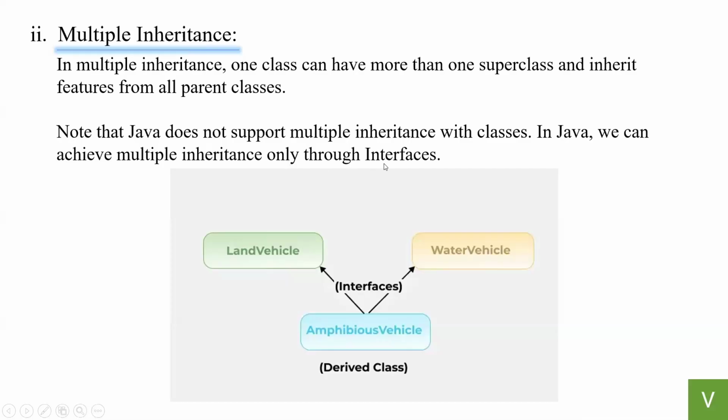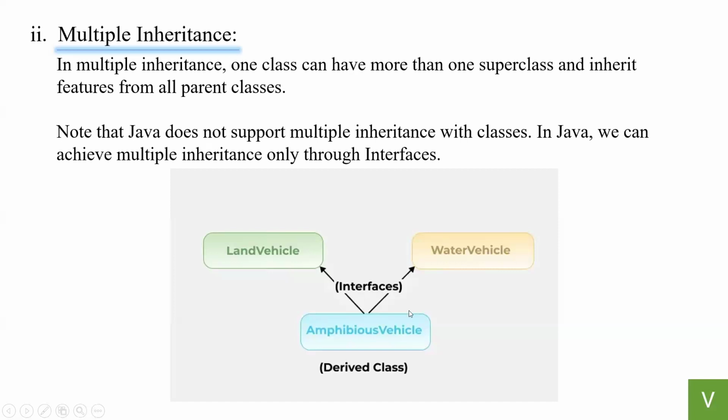So I'll explain this. Suppose in parent class 1, we have a field called int a. Similarly, in parent class 2, we declared a variable called int a. So int a is declared in both parent classes.